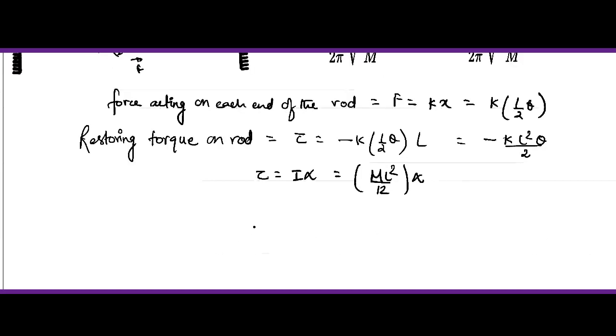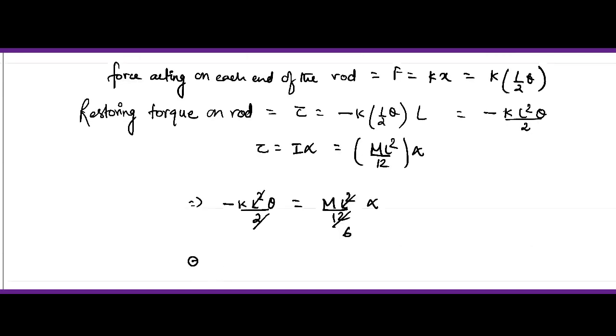Now equating both the equations, we get minus KL square theta divided by 2 equals ml square upon 12 into alpha. So 2 cancels 12 as 6 and L square cancels out. So from here our alpha comes out to be minus 6K upon M into theta.